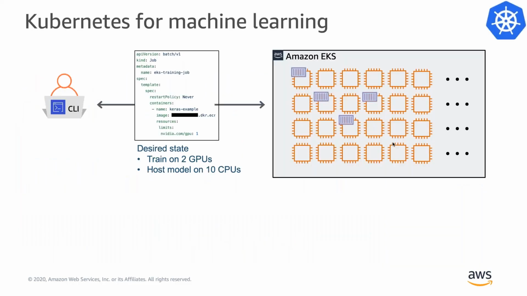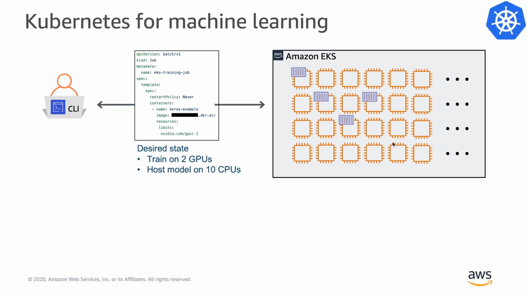So for those that are not entirely familiar with Kubernetes, or even if you're familiar with Kubernetes, let's briefly introduce how this works for machine learning, so this can serve as a quick recap. As a user, you can instruct a Kubernetes cluster of a desired state.